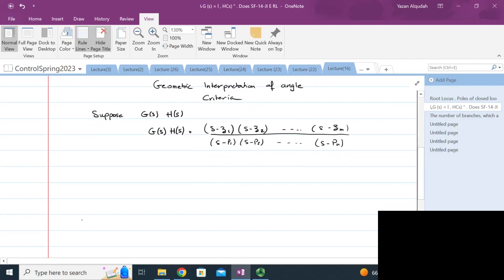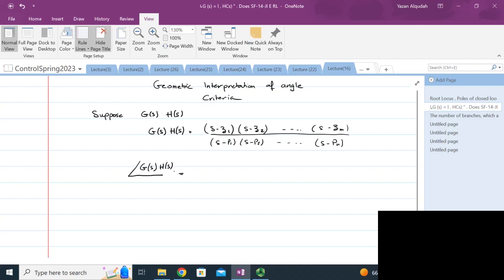Now, if I were to evaluate the phase of G(s)H(s), what is that phase equal to? What is the angle of G(s)H(s) equal to? How do we calculate it? We take the angle of this term plus the angle of this term plus the angle of this term, and then we subtract from it the angle of this term, this term, and this term. Make sense, everybody?